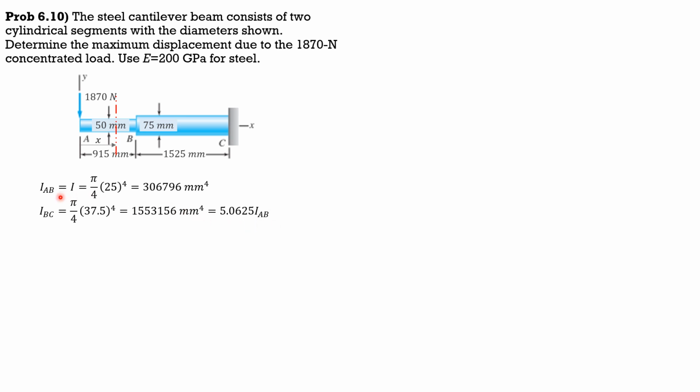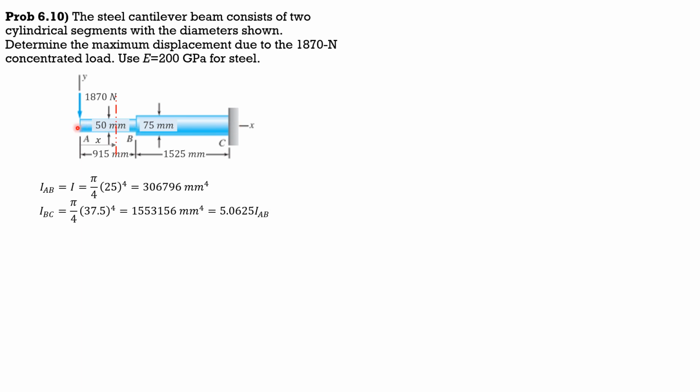So we will call IAB equals I, and this 5.0625 is the moment of inertia of BC divided by the moment of inertia of AB. So 1,553,156 divided by 306,796 is 5.0625 of IAB, or 5.0625I.